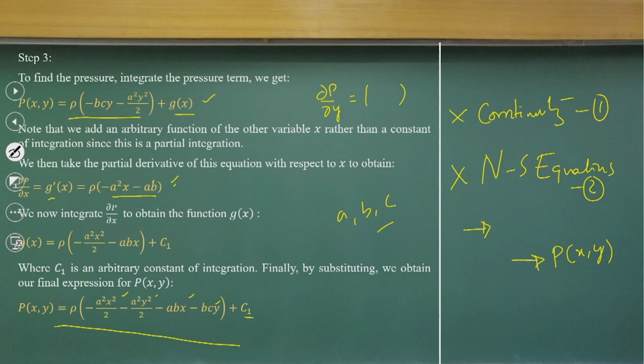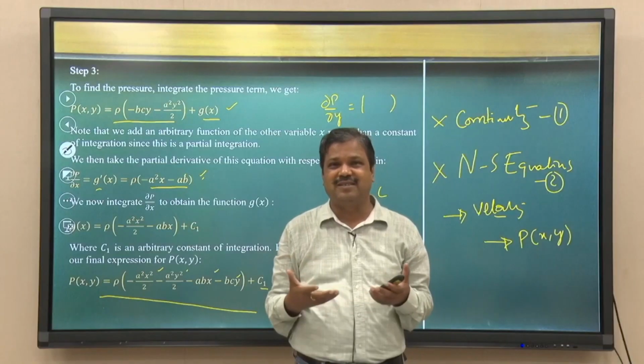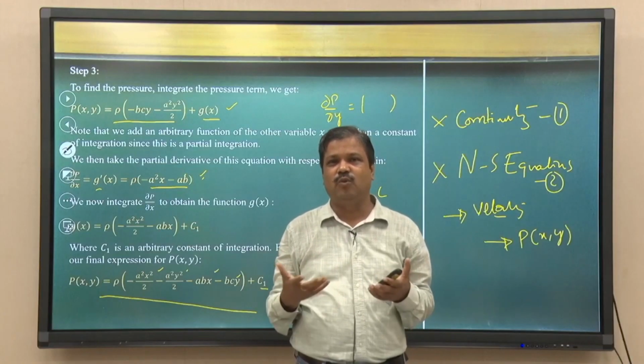We are checking the continuity equation to know whether the given velocity field satisfies it. If it does not satisfy the continuity equation, you need not estimate the pressure field, because it is not representing the flow field.